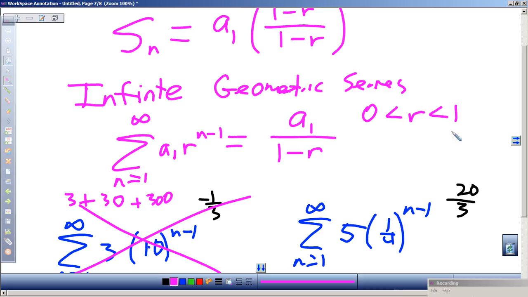Is it going up or going down? If I started at 10 and my common ratio is 1/2, what's the next term? 5, 2.5, 1.25. Is that converging or diverging? Converging to 0. Is that going to work with any of these?